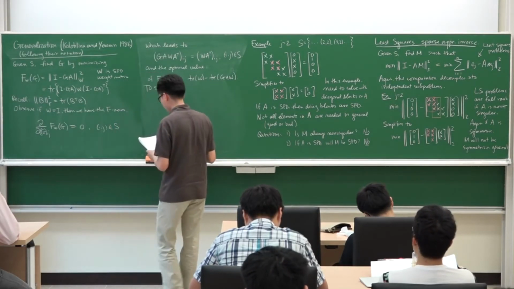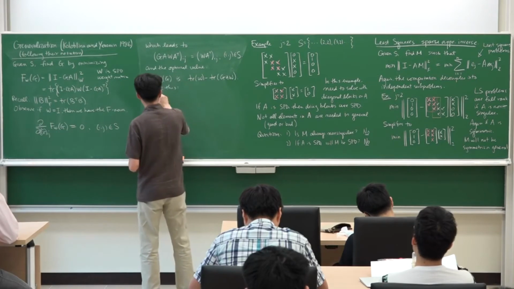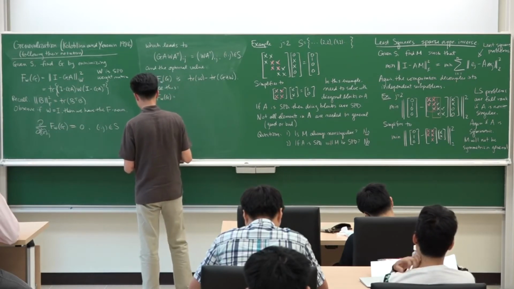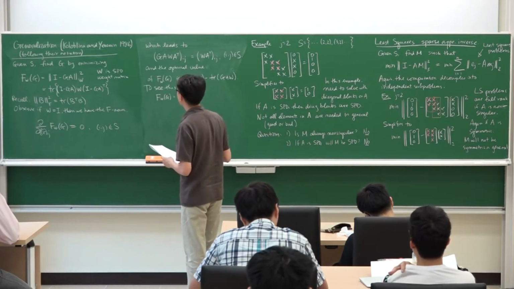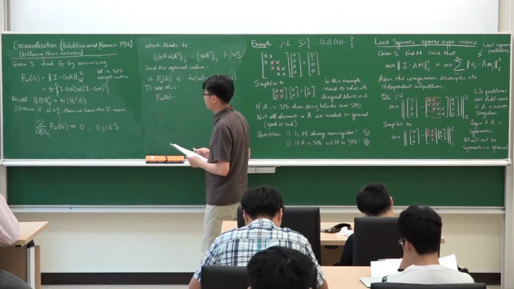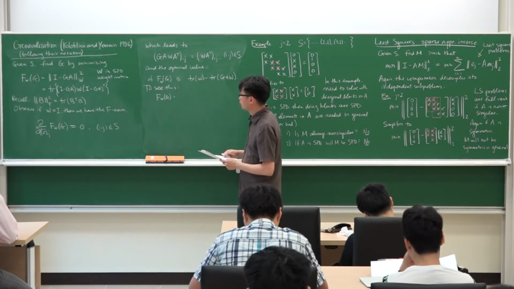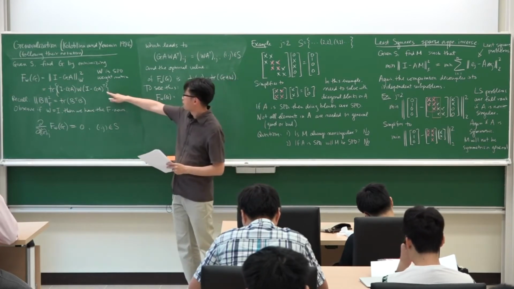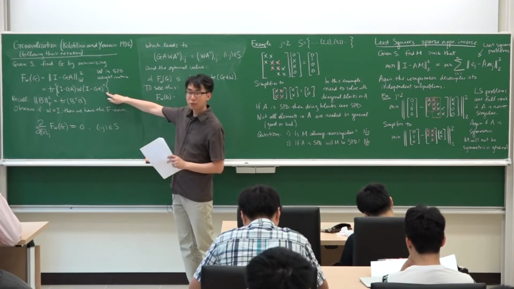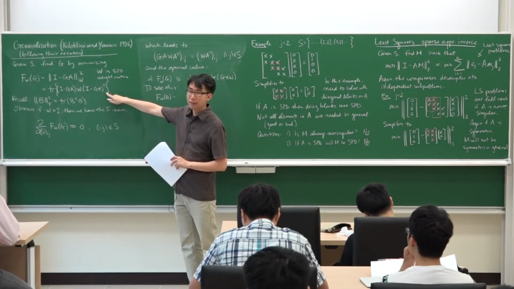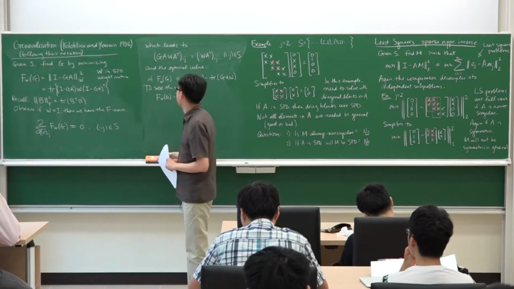So to see why this is the optimal value, f_W of G is this, right? I'm just going to expand out the quantity inside the braces.